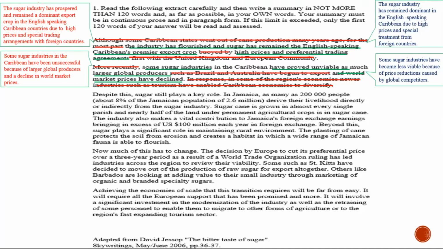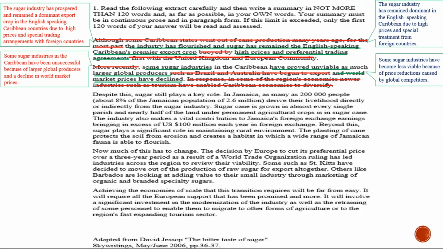The industry also makes a vital contribution to Jamaica's foreign exchange earning, bringing in excess of 100 million each year in foreign exchange. Beyond this, sugar plays a significant role in maintaining rural environment. The planting of cane protects the soil from erosion and creates a habitat in which a wide range of Jamaican fauna is able to flourish.